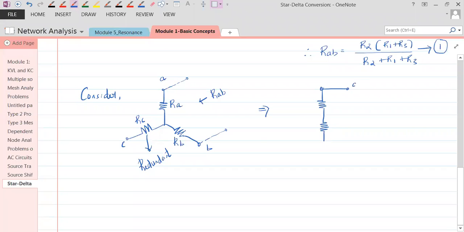This is A and this is B. The C branch is redundant, so I'm not taking this into consideration. So you have RA and you have RB. Get this point, everybody? So this branch being redundant, I'm not considering that when I'm writing RAB.